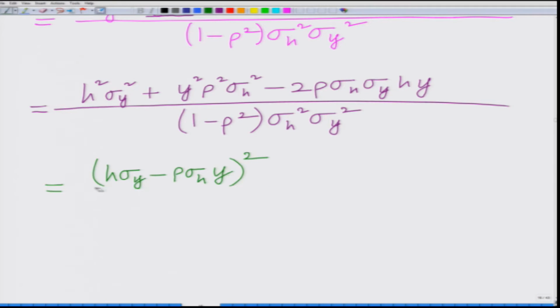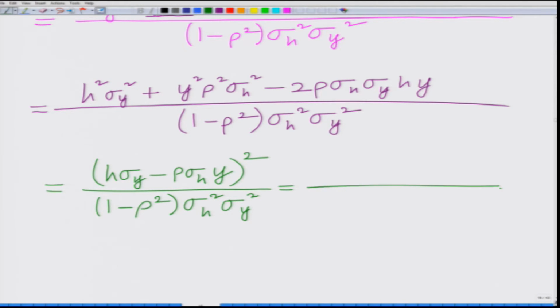Okay. So, this is nothing but (h sigma_y minus rho sigma_hy)^2, and once we have that, the rest is very simple. This is (1 minus rho squared) sigma_h squared sigma_y squared. Now take sigma_y squared common from the numerator and denominator.